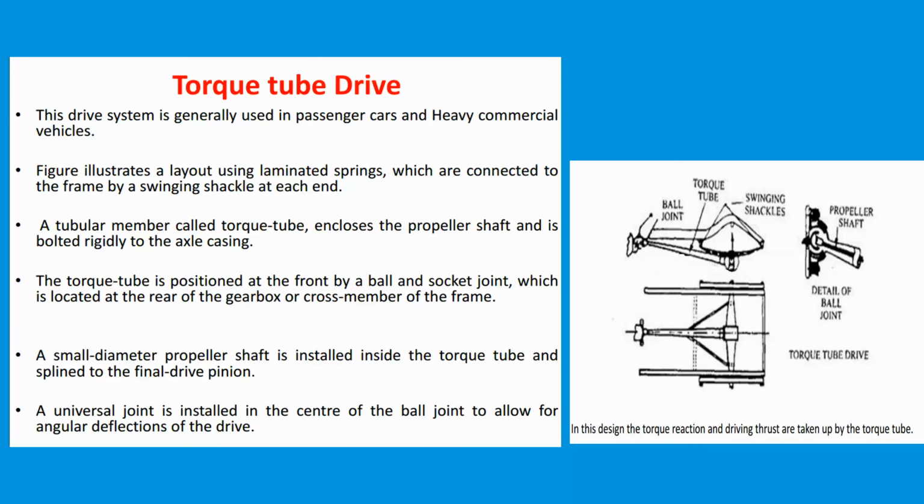If we discuss the application and implementation of the torque tube available in the market, examples include American cars of the Ford brand up through 1948, including over 19 million models.